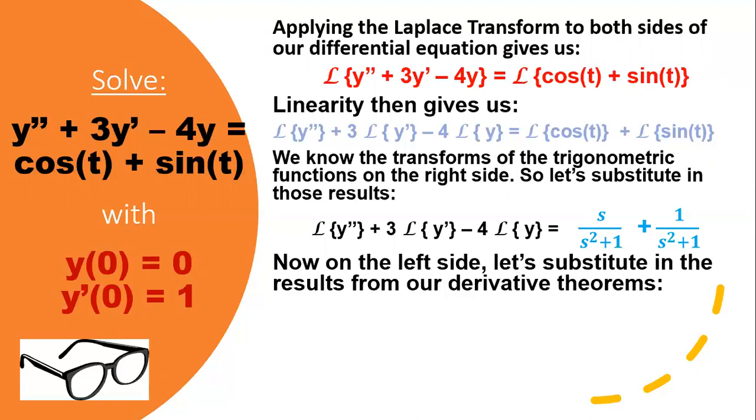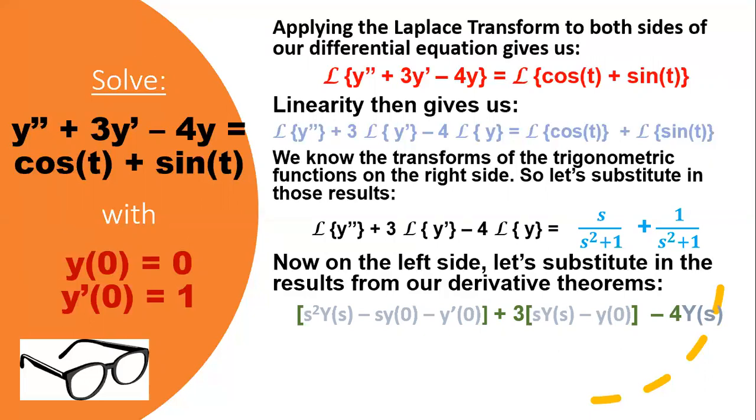Now, on the left-hand side, we've got the transform of a couple of derivatives, the Laplace transform of the second derivative and the Laplace transform of the first derivative. So we can apply our derivative theorems from just a moment ago to help see what that expression would be.